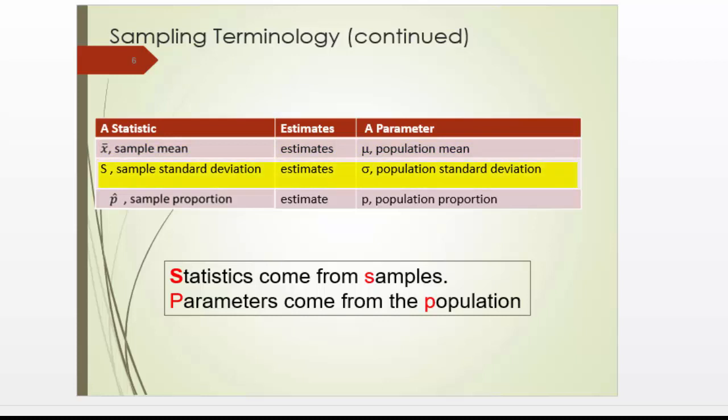S, the sample standard deviation, estimates sigma, the population standard deviation. P hat, the sample proportion, estimates p, the population proportion. So statistics come from samples, parameters come from populations, and we use these statistics from the sample to make our best determination of what the parameter for the population is.